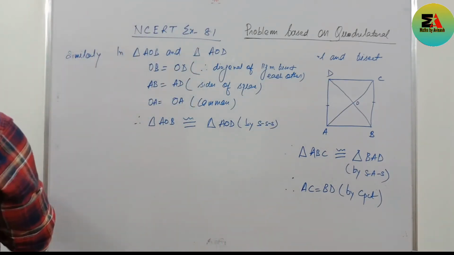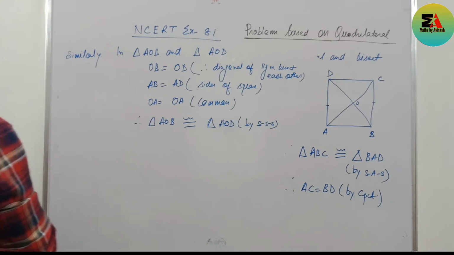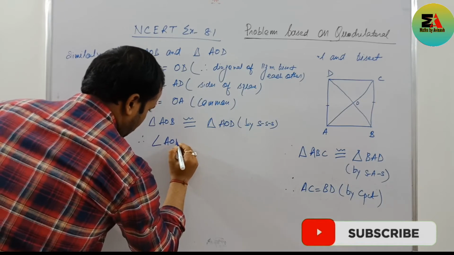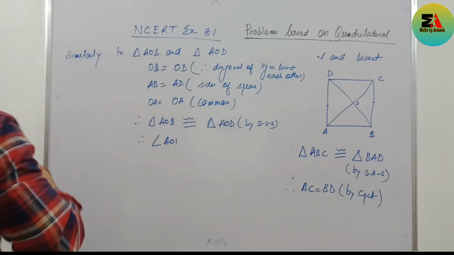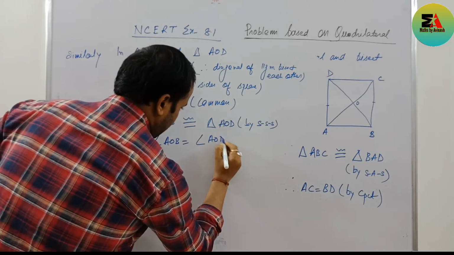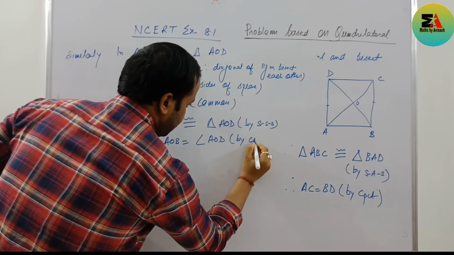When triangles are congruent, therefore angle AOB equals angle AOD by CPCT.